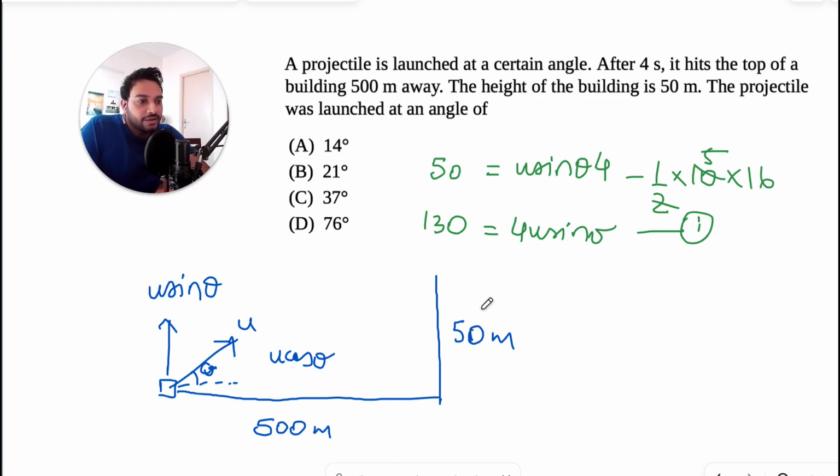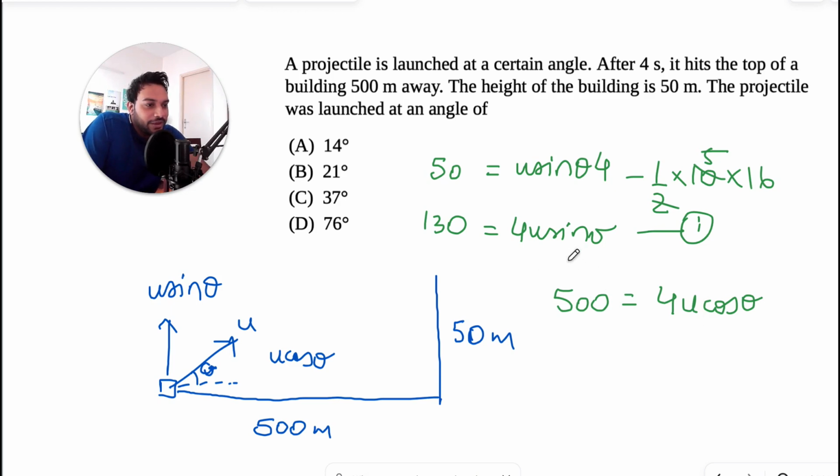Okay, second one from the horizontal displacement, no acceleration, so simple: 500 is equal to u cos theta t, so 4 u cos theta. Now there are two variables, theta is a variable and u is also unknown. So how are we going to find out? The easiest way is a trick: just divide both the equations, because you can see the 4 u's would cancel.